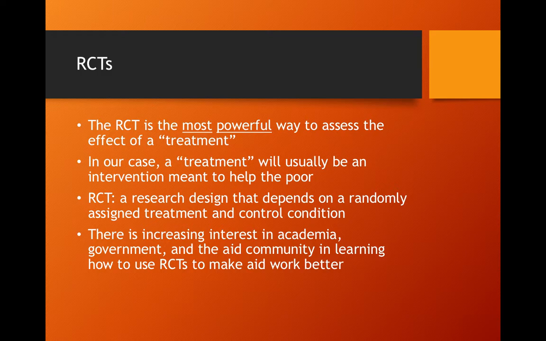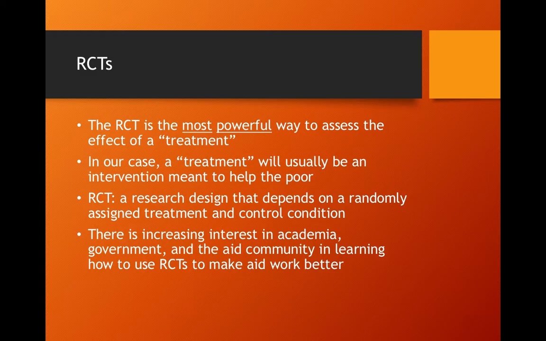So maybe we're interested in people's calorie consumption. So if you give people free grain, do they eat more calories? Then you take this group of people, you randomly assign some people or some households, it could be, to get the free grain, and some do not, and that's chosen randomly. That's very important. And then after that, you measure the difference between those two groups. Did the randomly assigned group, the treatment group that got the free grain, did they eat more calories than the other people?